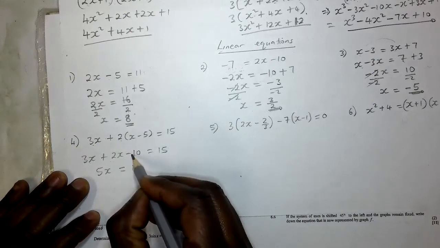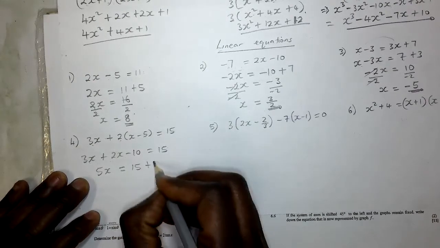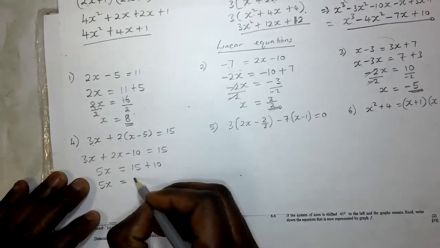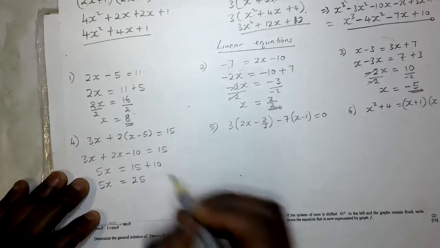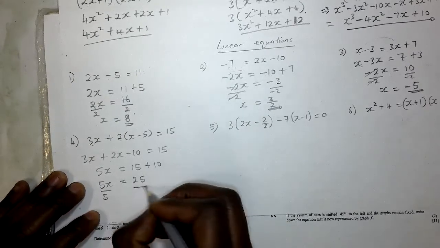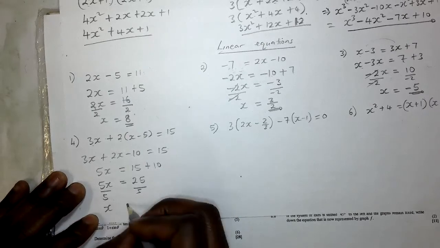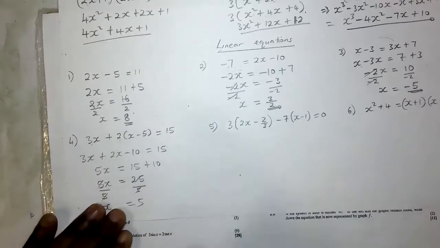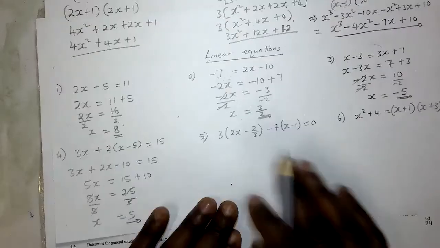Your negative 10 goes that side, it's going to be plus 10. Then we have 5x is equal to 25. Then you divide by 5. You get x is equal to 5. That's your answer there.